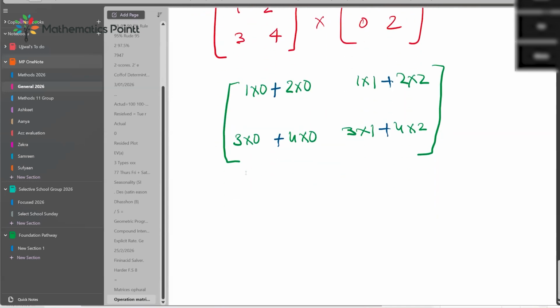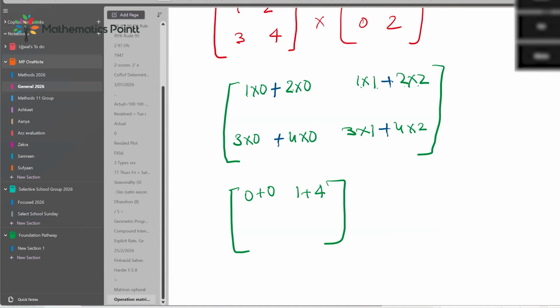I will just solve this now to get to the final point. 1 times 0 is 0, plus 2 times 0 is 0. 1 times 1 is 1, plus 2 times 2 is 4. 3 times 0 is 0, plus 4 times 0 is 0. And 3 times 1 is 3, plus 4 times 2 is 8.